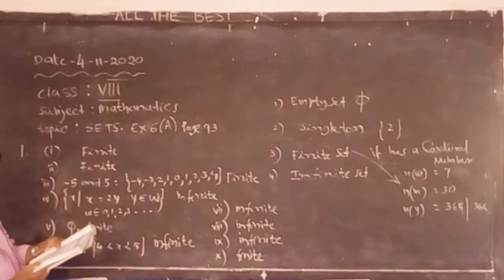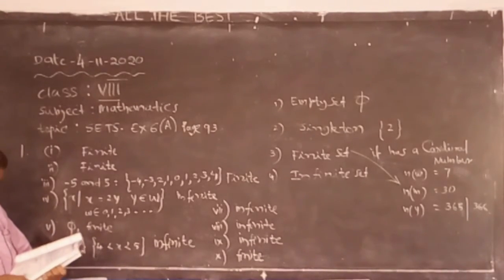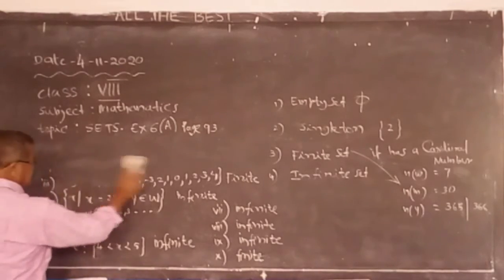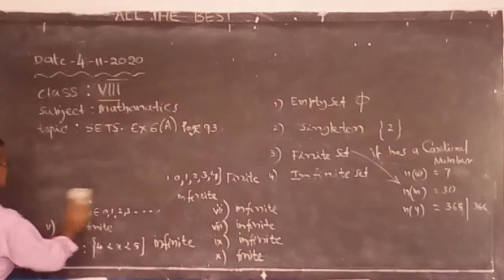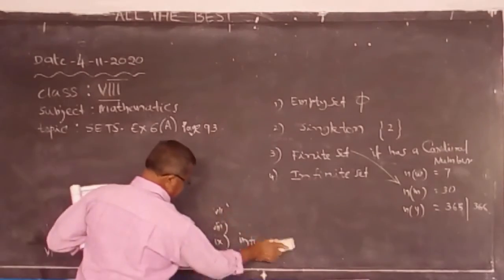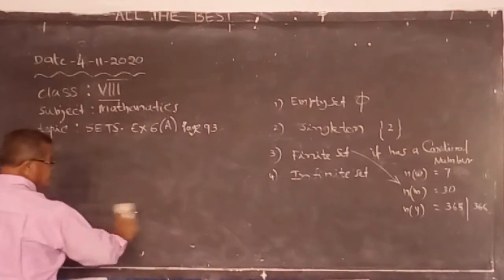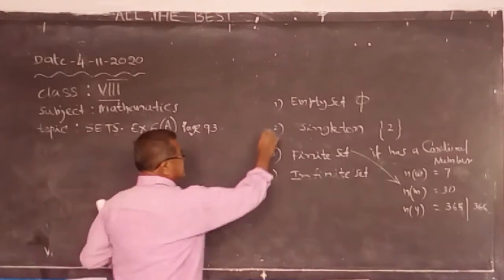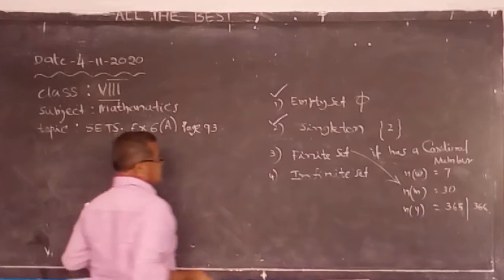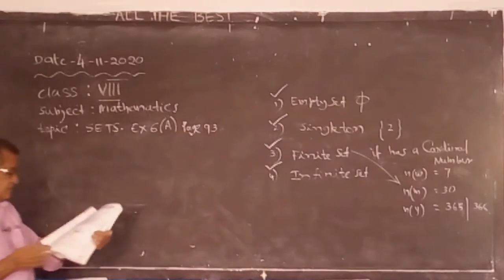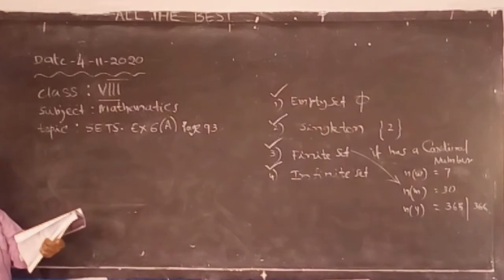Which of the following are singleton sets? Singleton set means we have only one element. First, the capital of India.